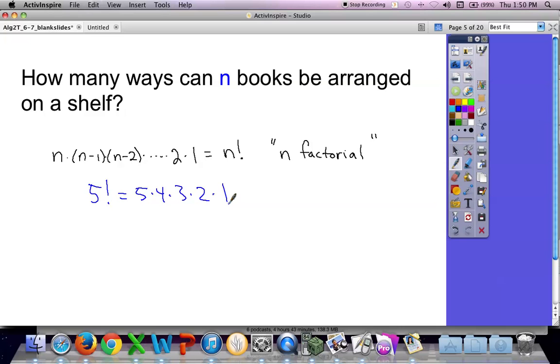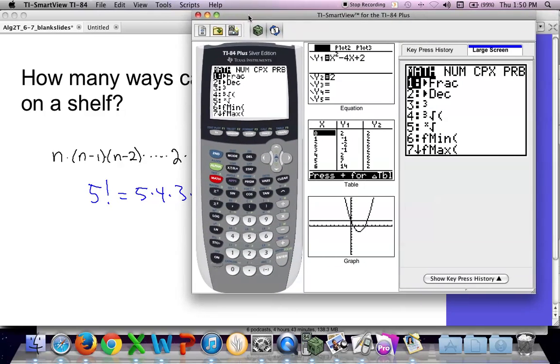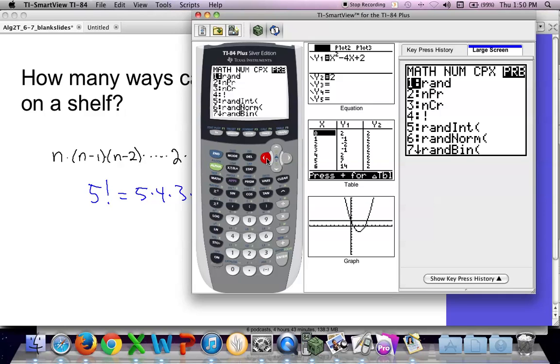Okay. Now, most of the time, you don't actually have to, your calculator does this for you. This is where you need to make sure you're aware of all this. If you go to the math menu and you arrow over to this PRB right there for probability, you notice the number 4 option, there's your exclamation point.